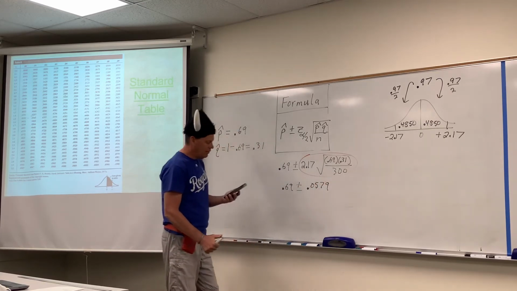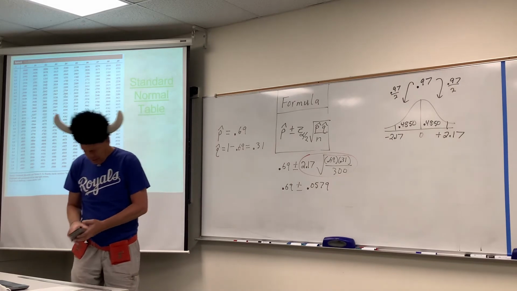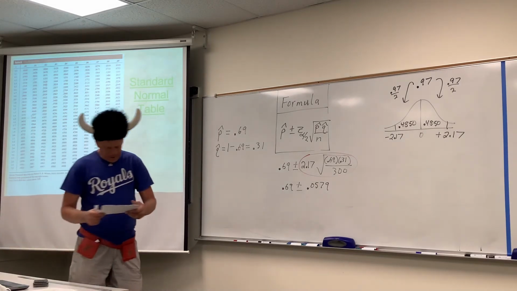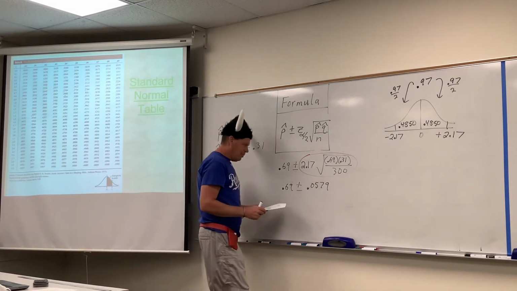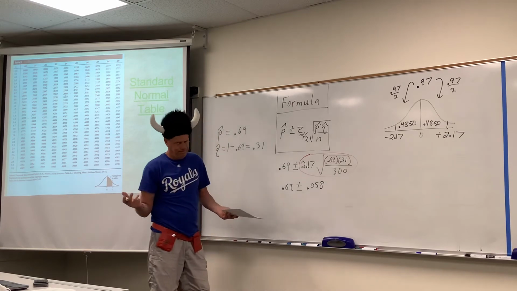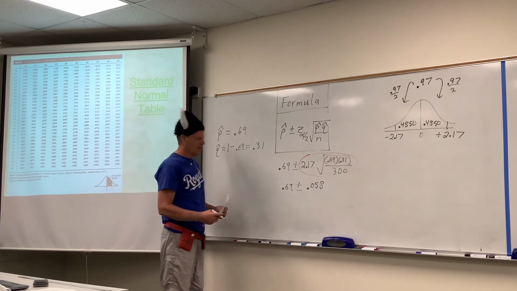I'm getting a margin of error of about 5.79%. I might have rounded that differently. It looks like I rounded it to 0.058. It's arbitrary where to round. Let's go at least 3 or 4 decimal places.